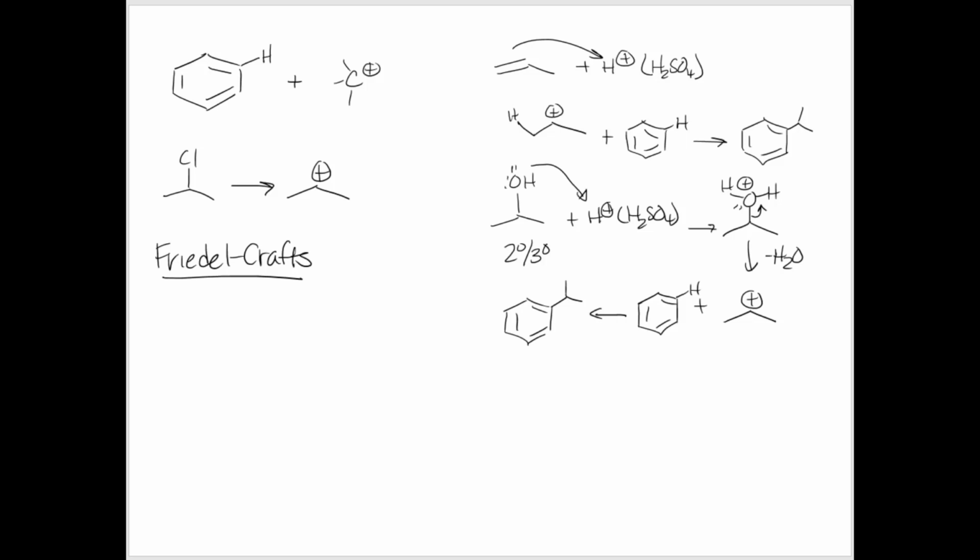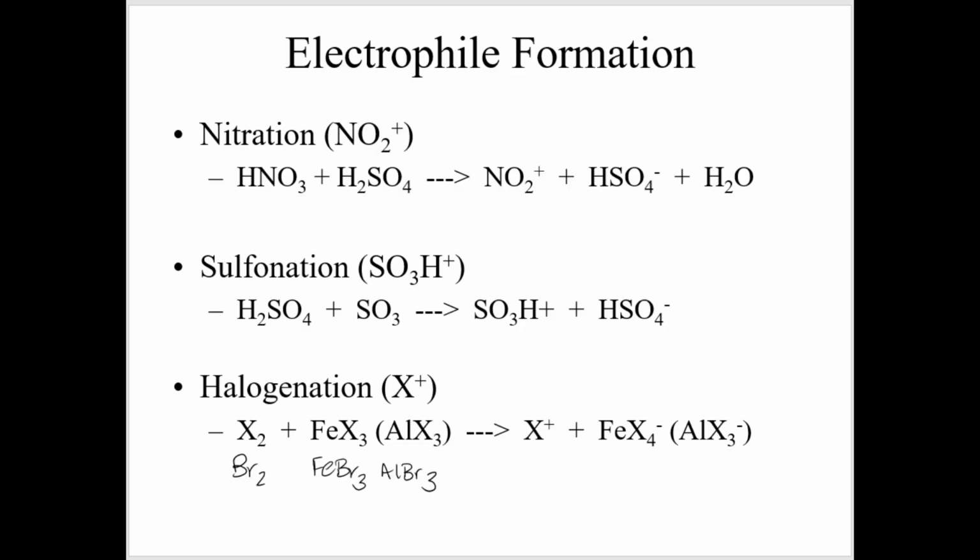So what we can do with Friedel-Crafts is take advantage of using either iron or aluminum halides. If you remember from the last lecture video, the iron tribromide would break the bromine-bromine bond and give this iron a Br minus, so that we would end up forming a Br plus and the FeBr4 minus.